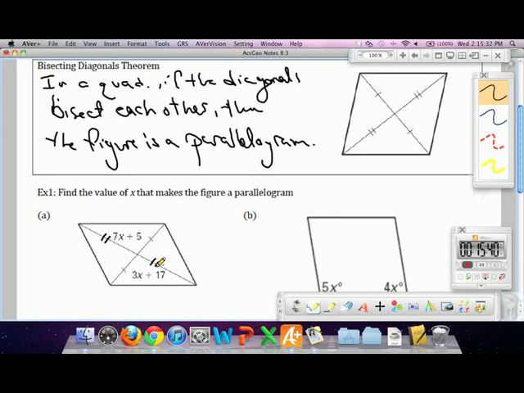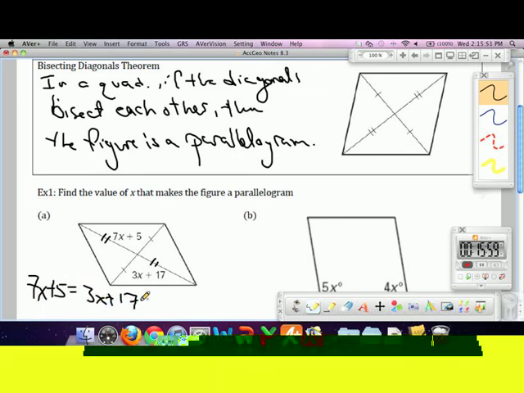So what would we need x to be? What has to be true if this is a parallelogram? Yeah, we need these diagonals to bisect each other, which means we need each of these parts to be the same. So we want to pick the x that makes 7x plus 5 equal to 3x plus 17.